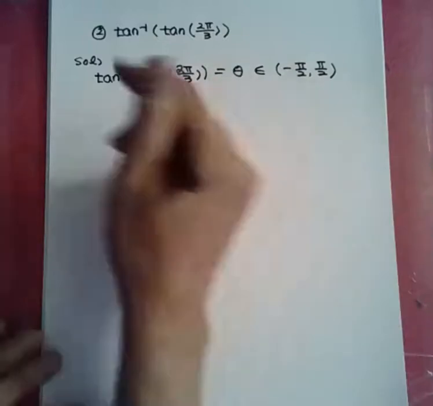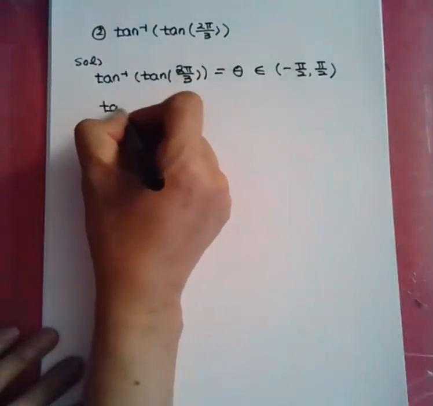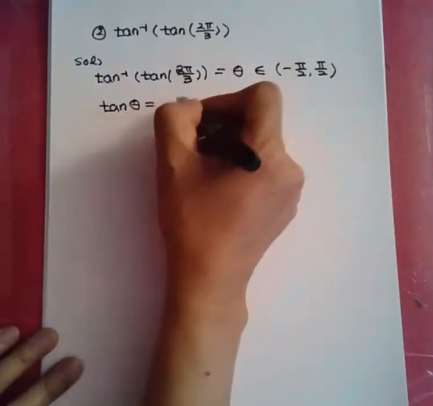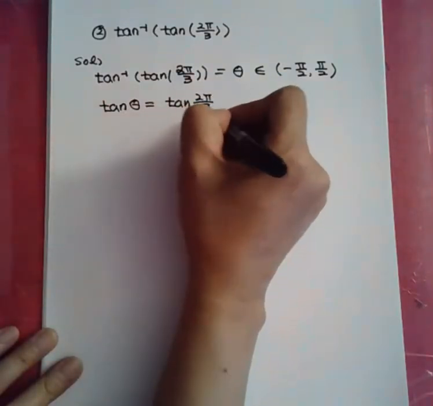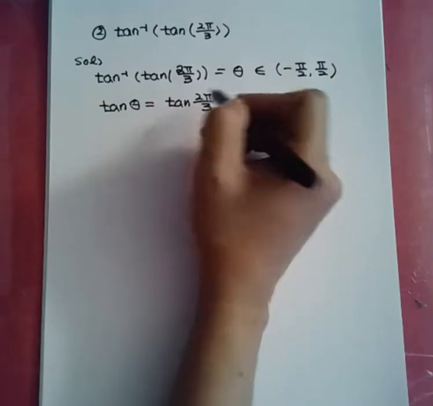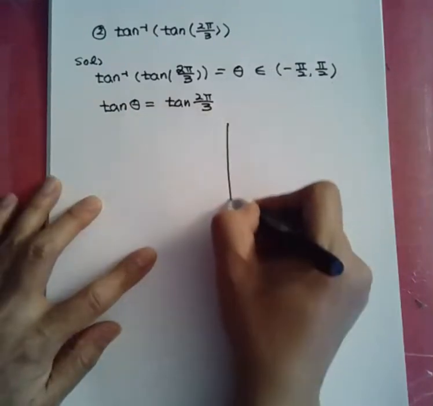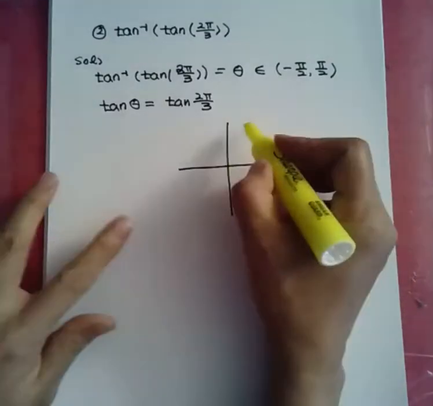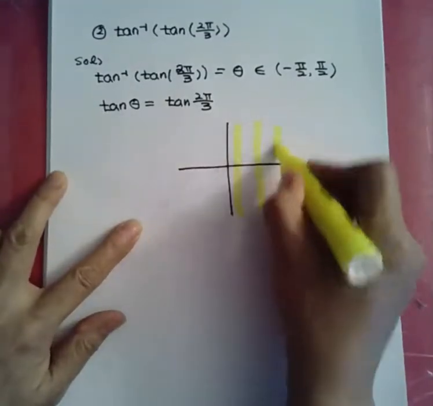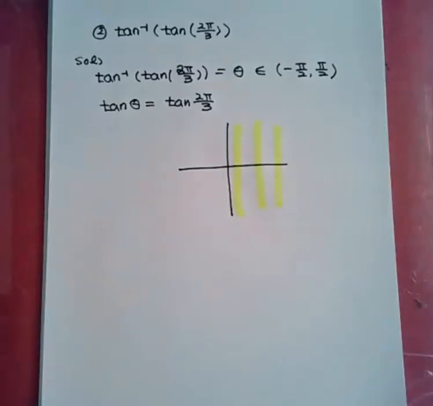What we know is that means tangent of theta equals tangent of 2 pi over 3. If 2 pi over 3 belongs to the range of tangent inverse, which is the first and fourth quadrant, then there is no problem.